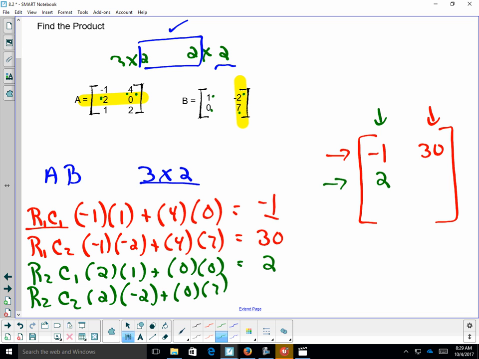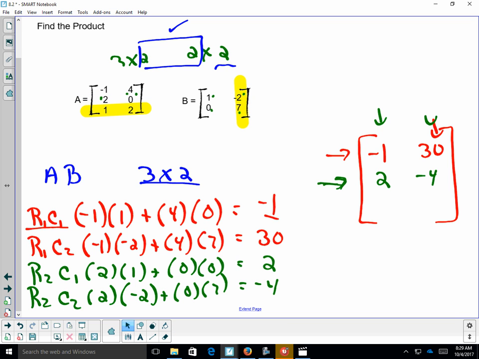So I'm going to have -4 plus 0, which will be -4. That answer goes in row 2, column 2, and that answer is a -4. So now I've multiplied this row by every single column. So now I'm going to shift down to the last row.